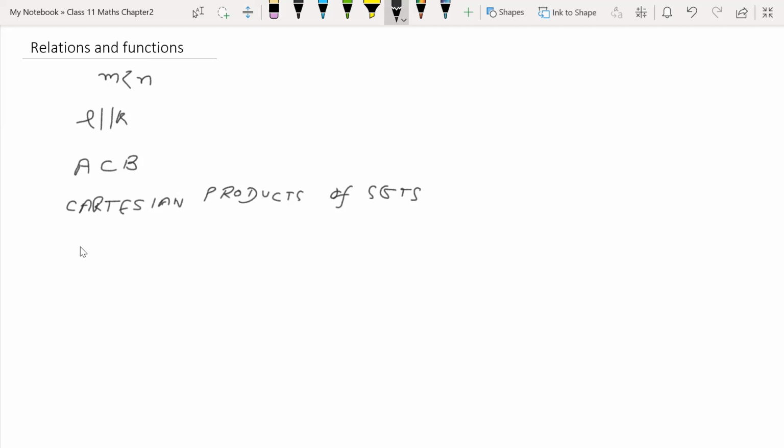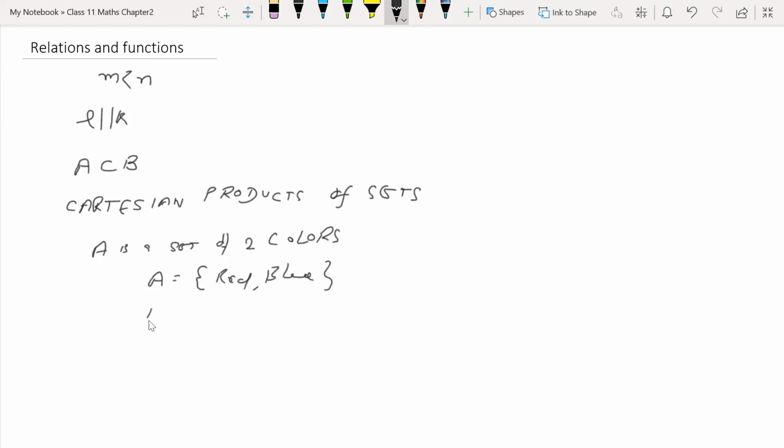Let's consider we have a set A of two colors, and we can denote it in the form of the set {red, blue}.